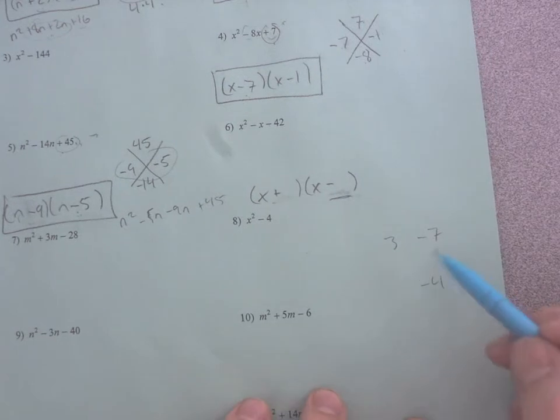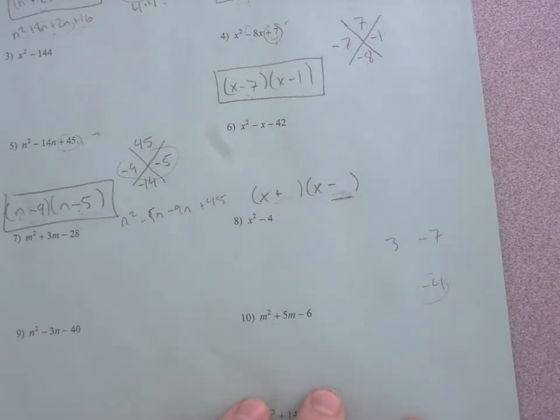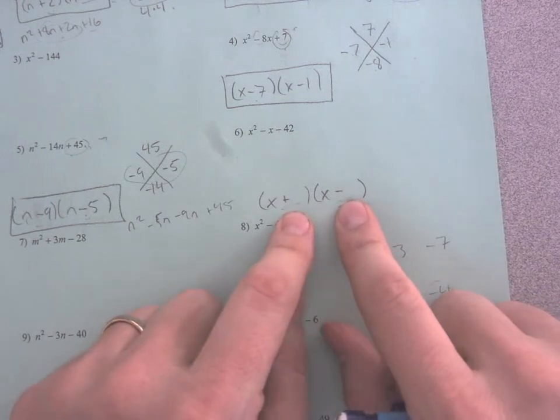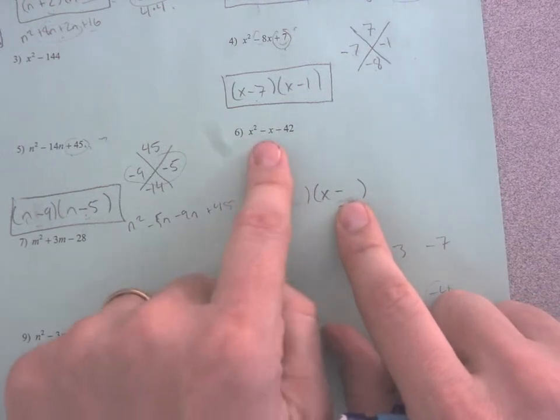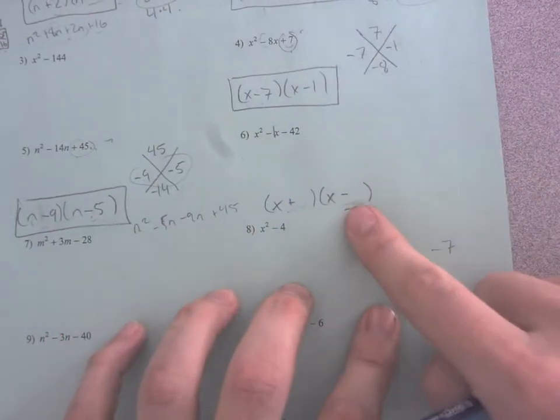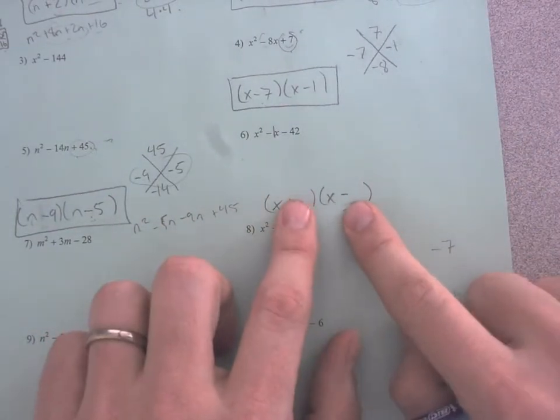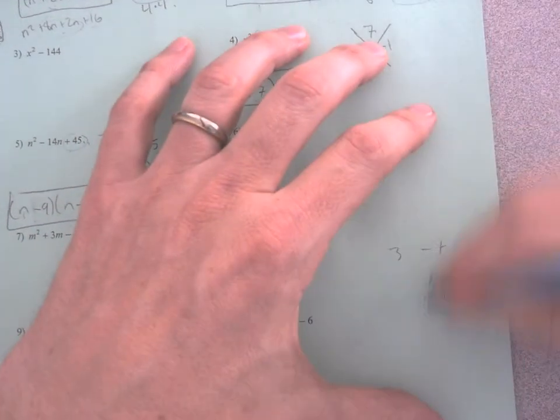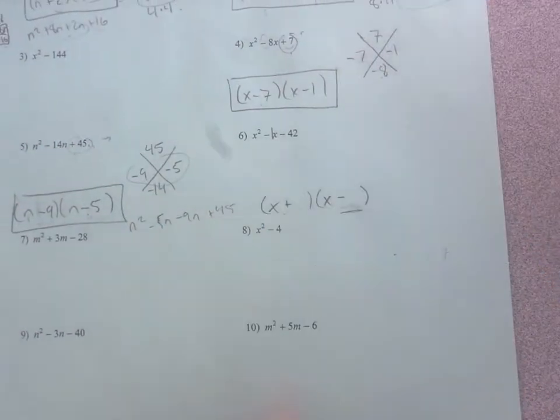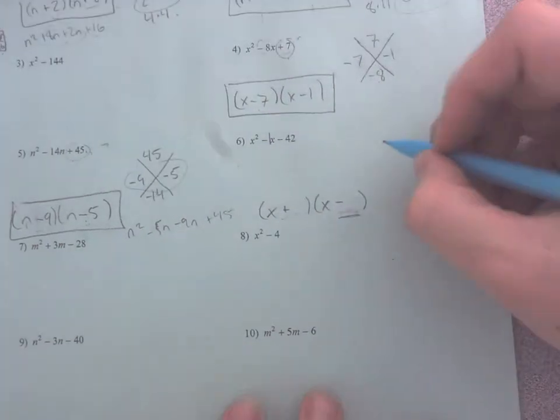In other words, it overpowers the 3, and so my result is going to be negative. So I have a negative number and a positive number that when I put them together results in a -1. Think of this as a -1, which means this one has to be the one that overpowers this one. Its magnitude, or absolute value, has to be bigger than this one. So that's helpful information.